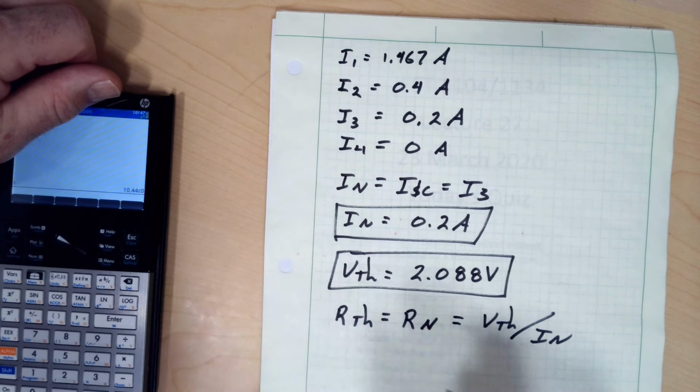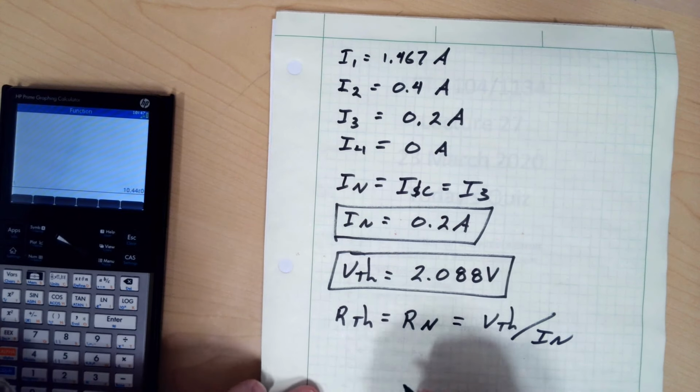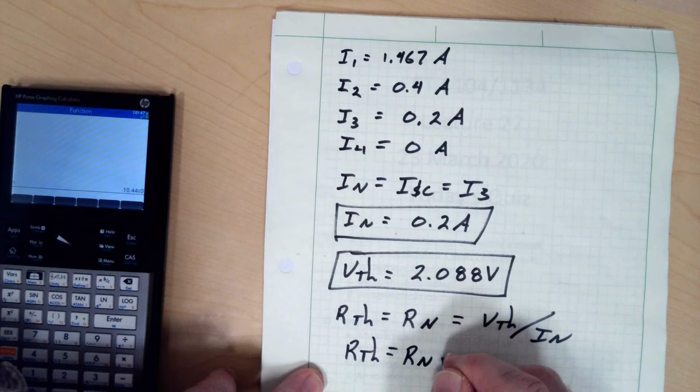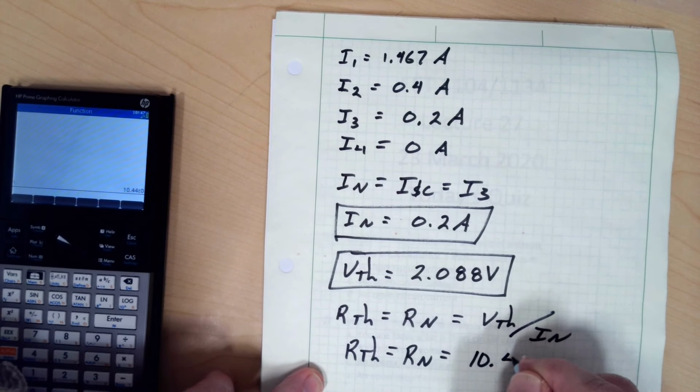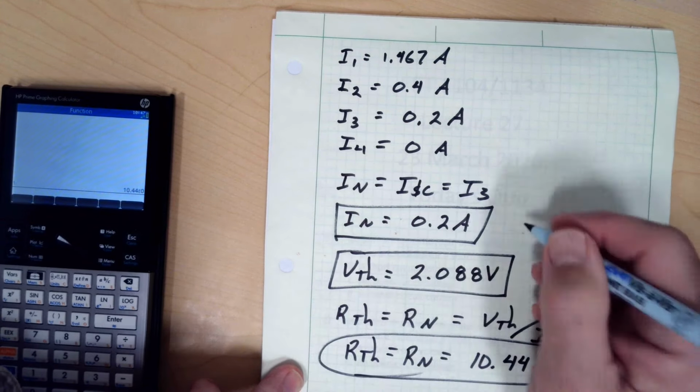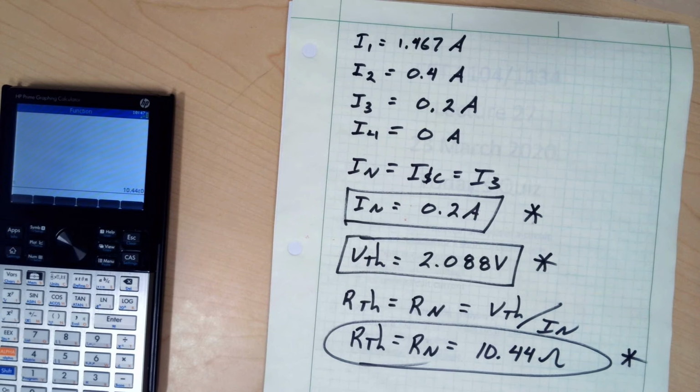And we get R Thevenin, which is equal to R Norton, is equal to 10.44 ohms. So we have our three critical values for our Thevenin and Norton circuit.